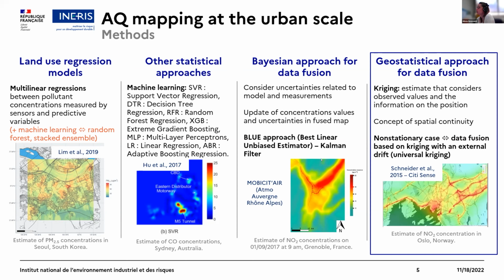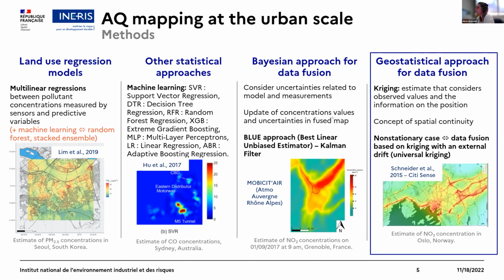Then we also have Bayesian approaches that consider uncertainties related to the model and the measurements. The data fusion proposes an update of these concentration values. Here is an example with the BLUE approach, the best linear unbiased estimator, which is based on the Kalman filter approach. You can see an example for NO2 concentrations in Grenoble in France.